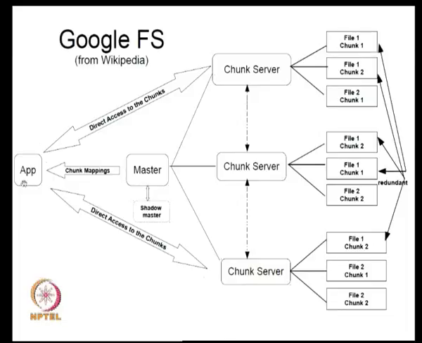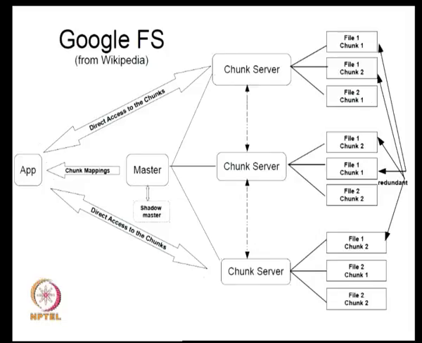Now, it turns out the Google file system is a user level file system, meaning it is not in the kernel, it is outside the kernel, and actually it uses a Linux file system as its base file system. So, all these file chunks are actually stored in the Linux file system.